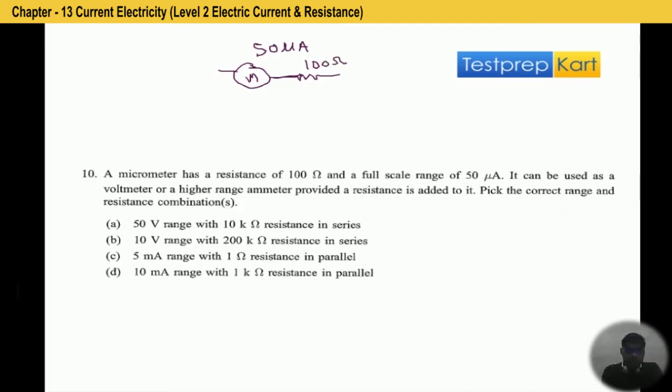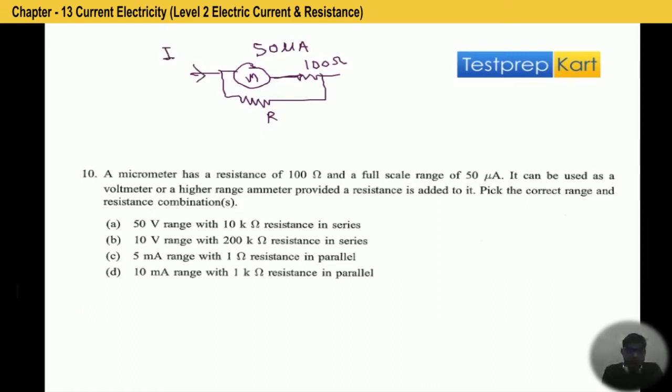So if we want to convert this micrometer into an ammeter of 5 milliampere or 10 milliampere, whatever we want, then definitely we need to connect a shunt resistance in parallel so that it can take out the extra amount of current.